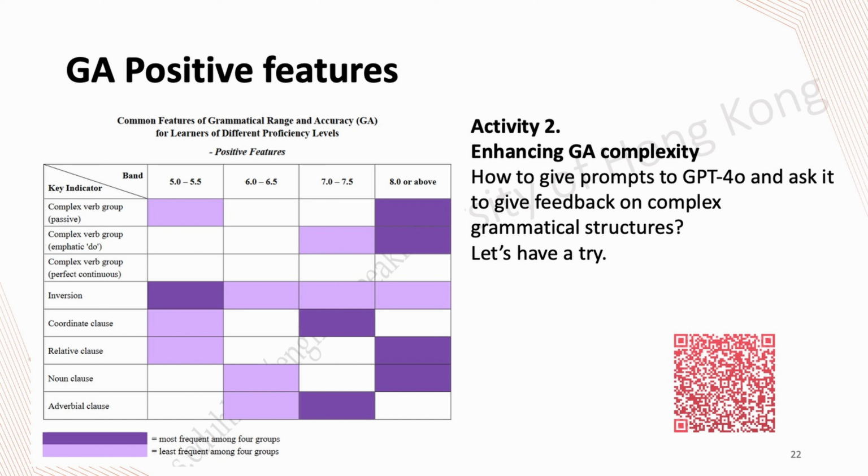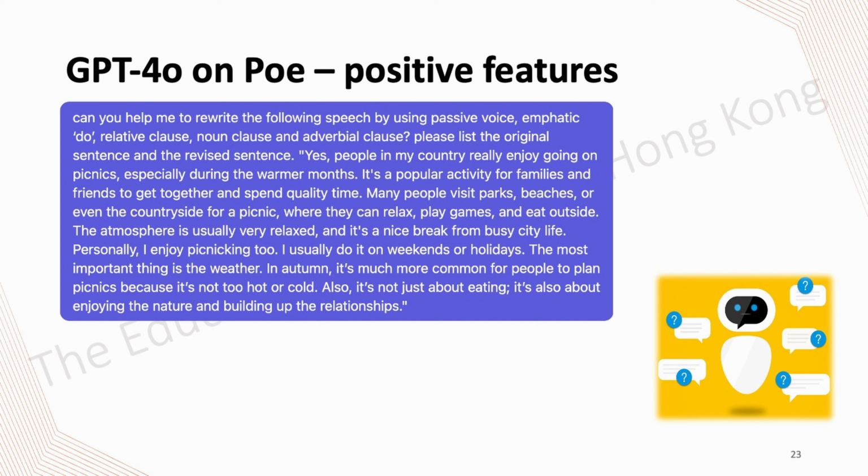Let's have a try. Please open your GPT-4o page and type in this prompt. Can you help me to rewrite the following speech by using passive voice, emphatic do, relative clause, noun clause, and adverbial clause? Please list the original sentence and the revised sentence.